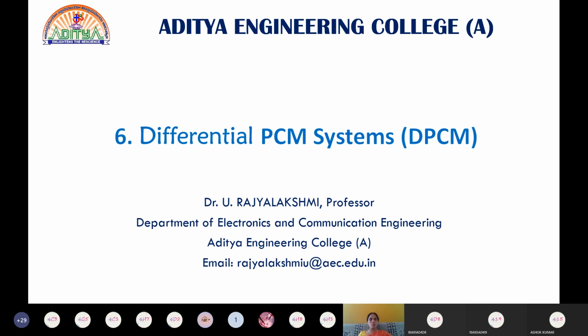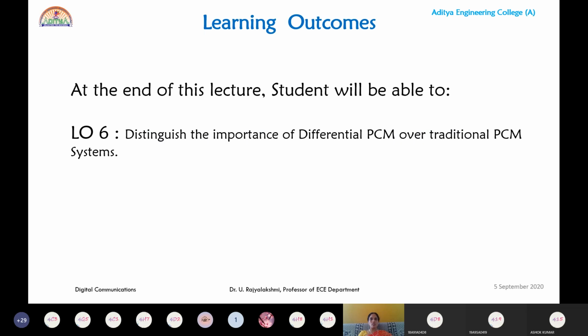We can see the problem in the next slide. To overcome that kind of problem, we are using the differential PCM system. Let us move to the next slide so that it will be more clear, so that we can see the main drawbacks of traditional PCM, and how differential PCM overcomes the problem of traditional PCM.